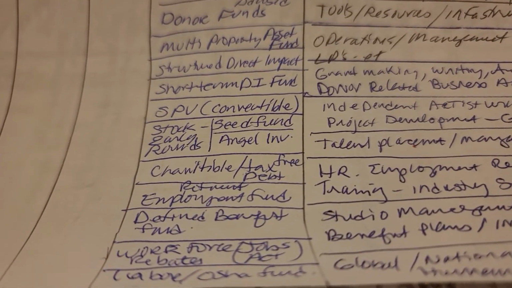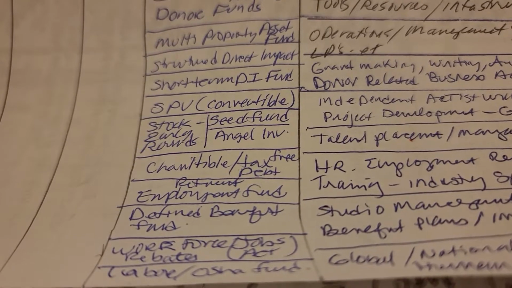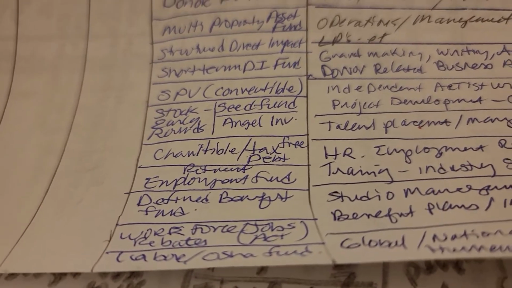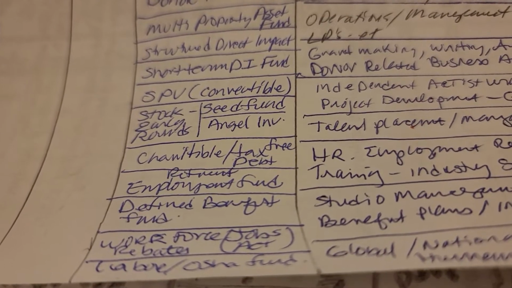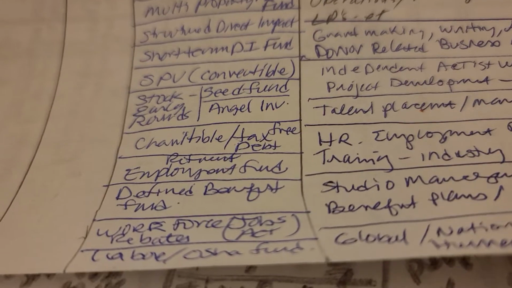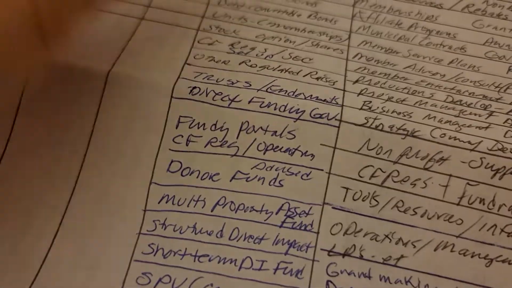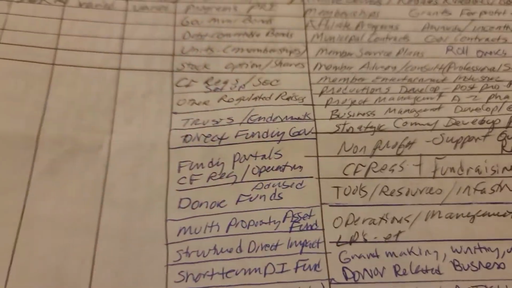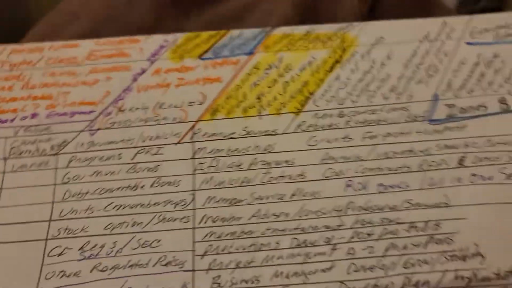So we have charitable tax-free deductions, retirement employment fund, a defined benefit fund, and then workforce rebates, the job acts, and then the labor and OSHA fund. These are vehicles that we have that we can match to both the client and to our investors.